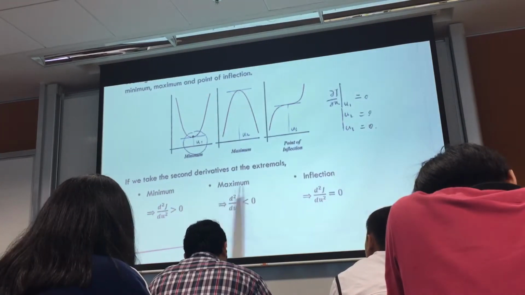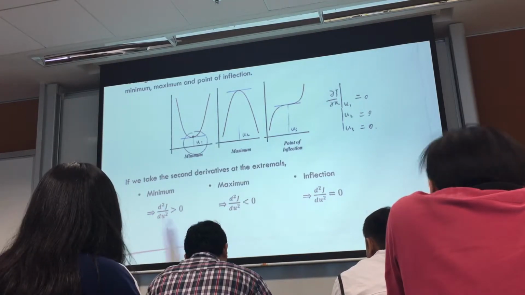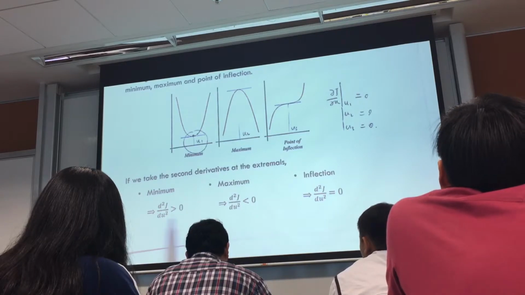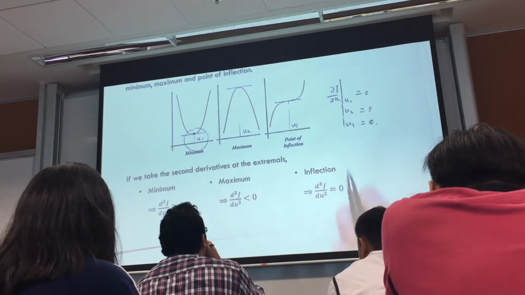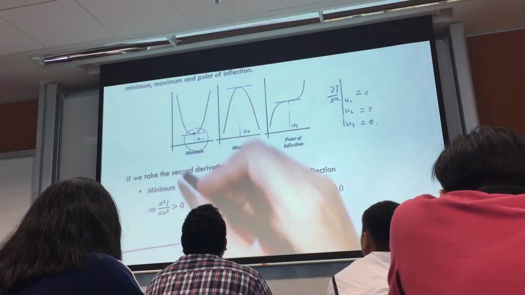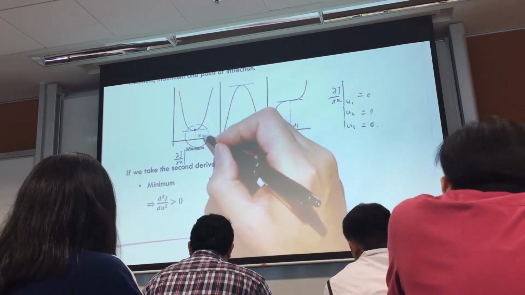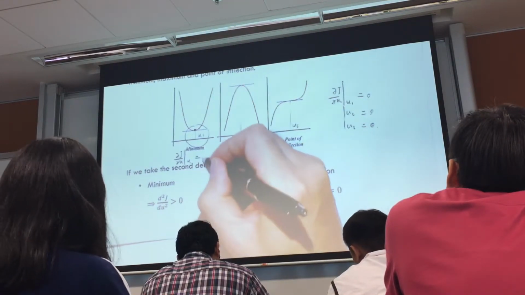In mathematics, if we evaluate the second derivative, that will distinguish them. In all these situations, dJ/du at u1, u2, u3 are equal to 0.